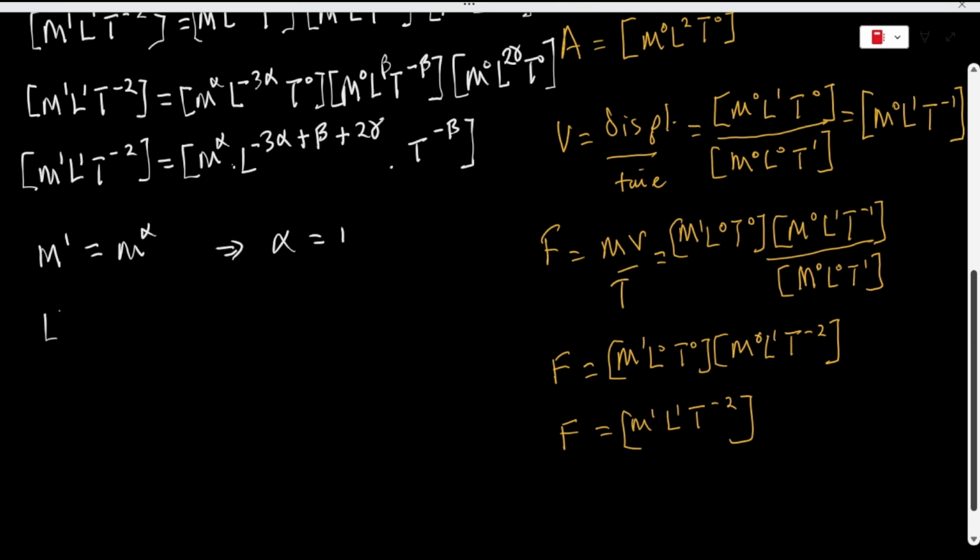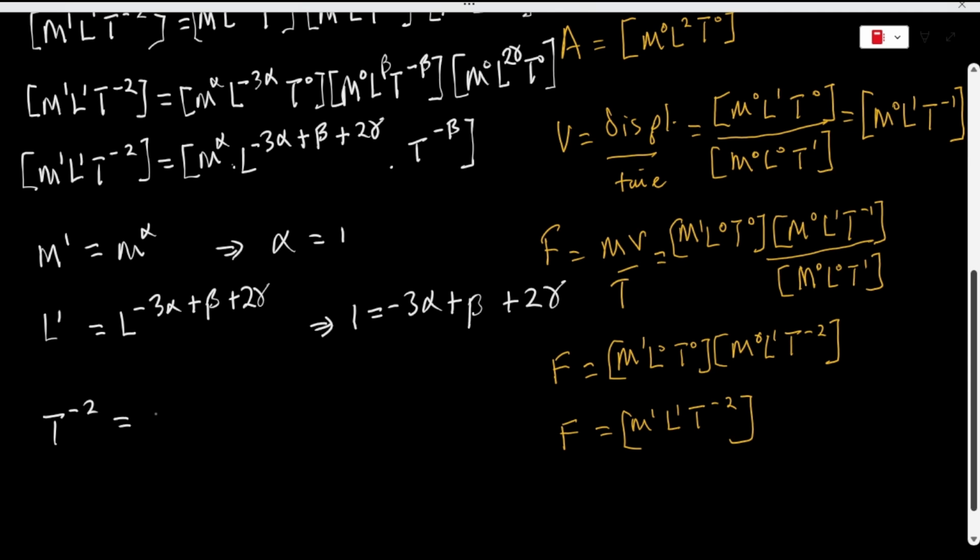It also means that, which implies that, and it means that, which implies that beta is equal to 2.